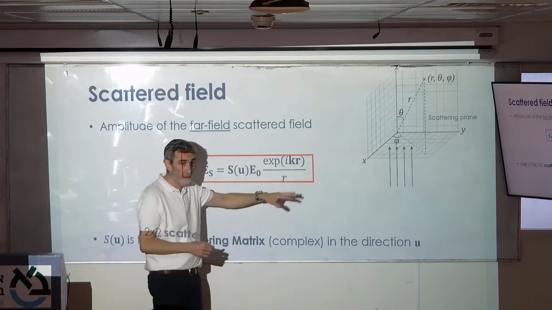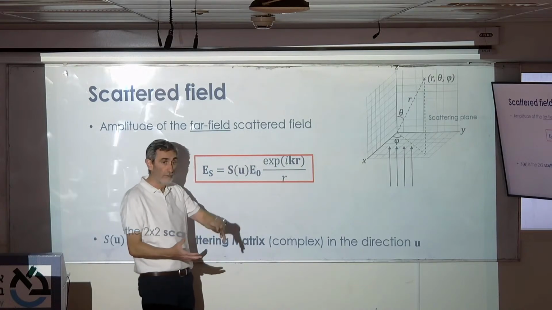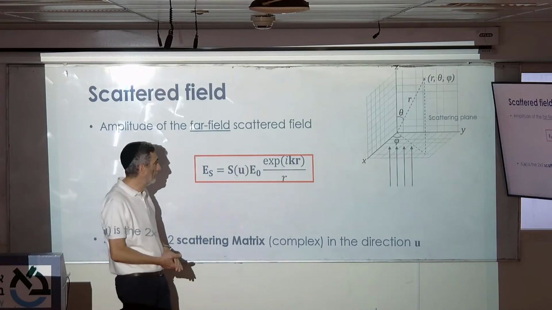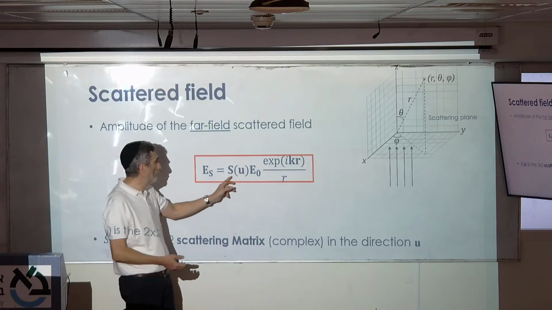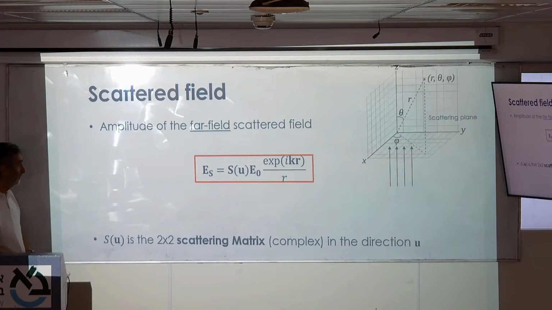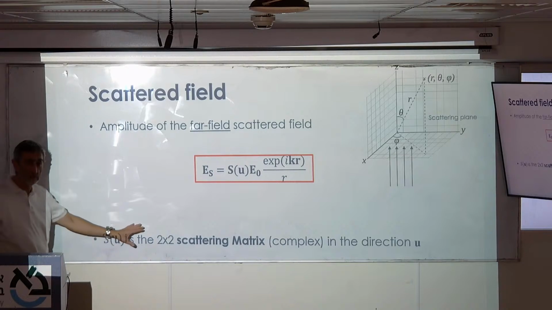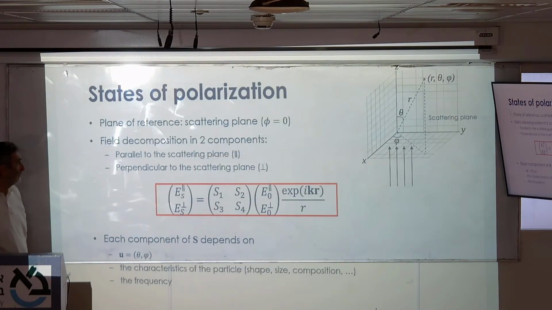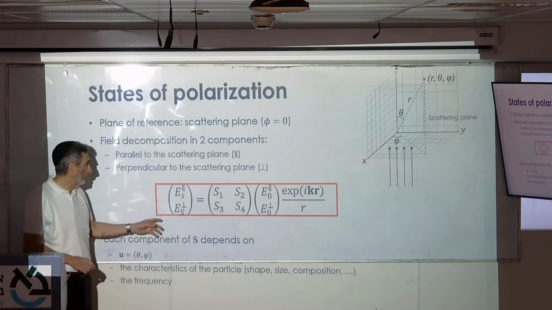Again, we still have a spherical wave away from the scattering center, and a tensor here, a matrix here, S of u, which is a 2 by 2 complex matrix for a given direction u, theta and phi. So for one direction, you have a 2 by 2 scattering matrix. So this matrix is given here.